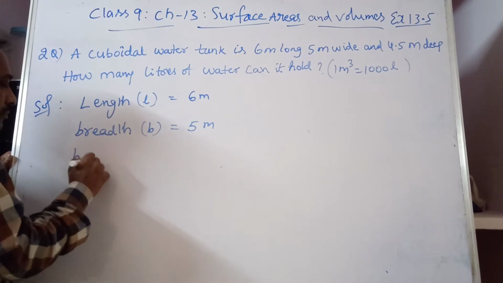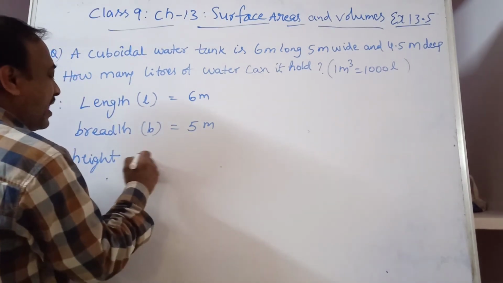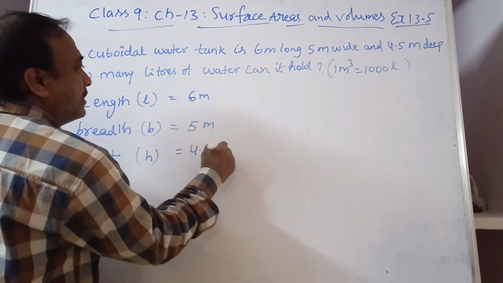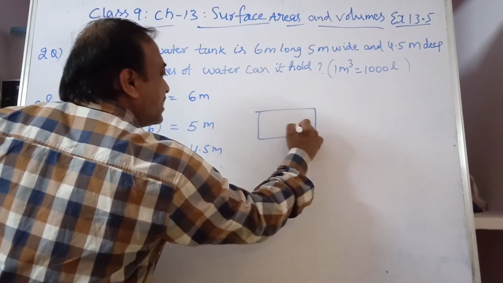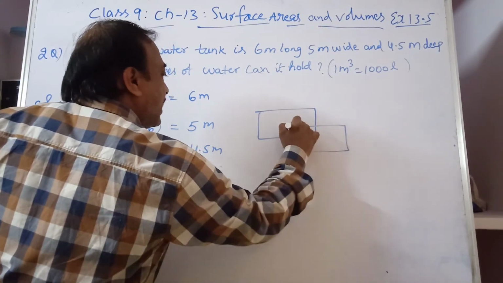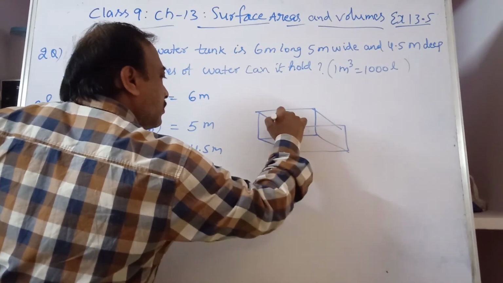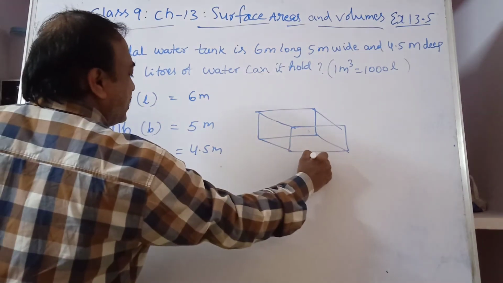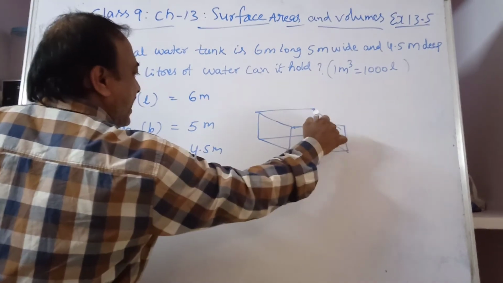Height, or depth also you can write, which is 4.5 meters. So this is a cuboidal water tank, a cuboidal shape. L is 6 meters, breadth 5 meters, and 4.5 meters is the height.